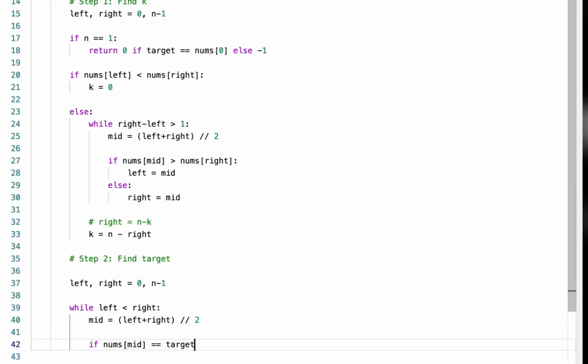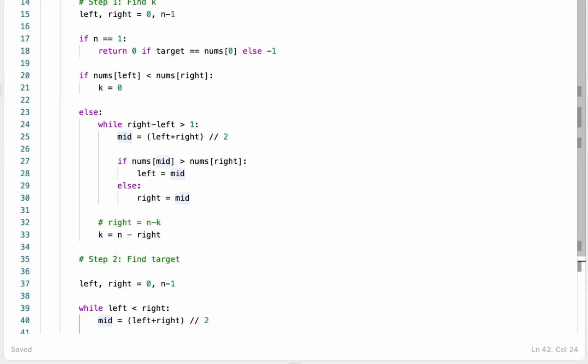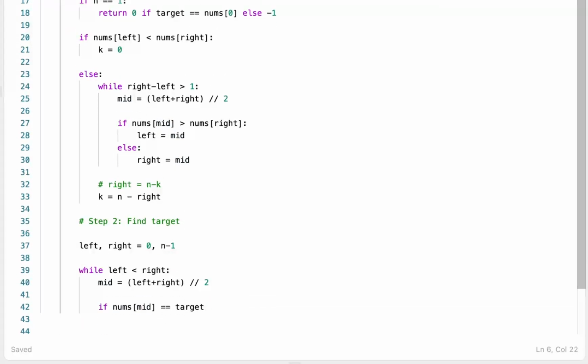If nums mid is equal to target, this is not just mid, right? We should add k as we noted here, and do the modulo.